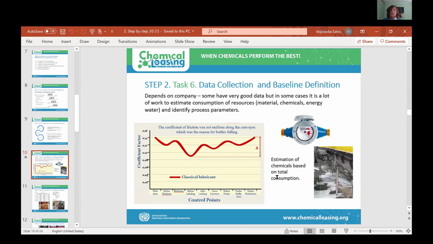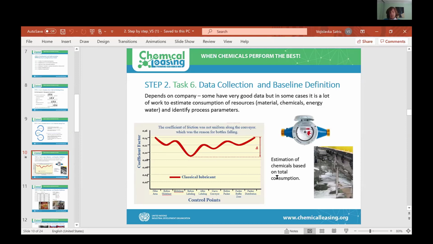After that, data collection and baseline definition is really important, and sometimes it is not so time-consuming. The company has all data, but in some cases that is really time-consuming. This is the case of a bottling company, also in Serbia. They would like to be sure about their baseline and about improvements.